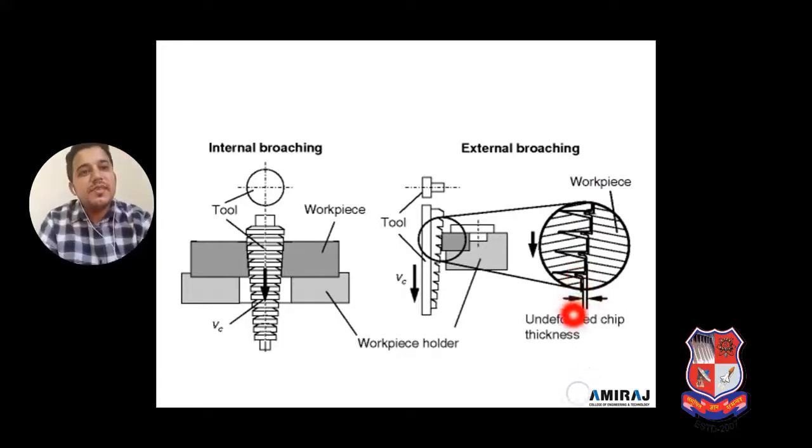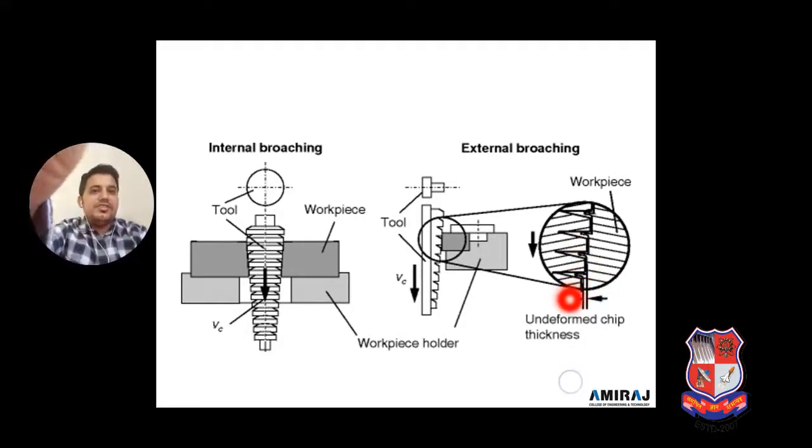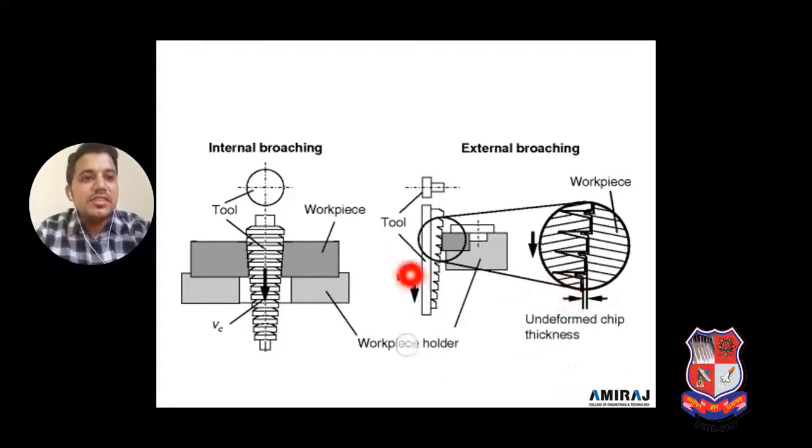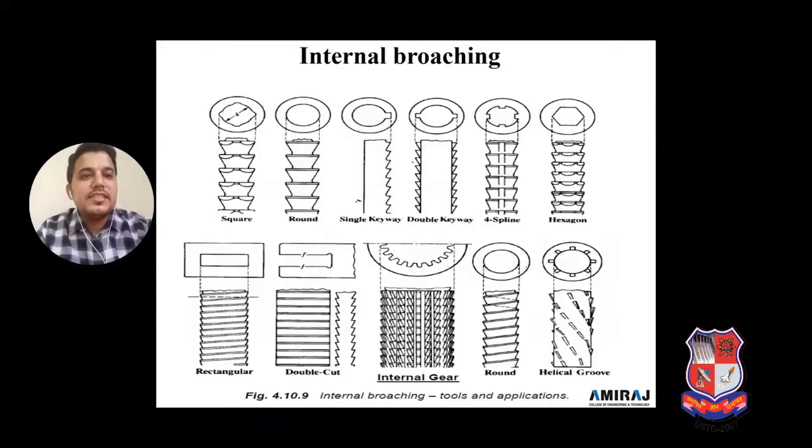I already explained yesterday, this is our feed, and each and every pitch has a particularly small feed ratio, so that we have to consider. Then this is the force direction on the downward side. So we can say it is a pull type, push type. So this kind of internal broachings are there.